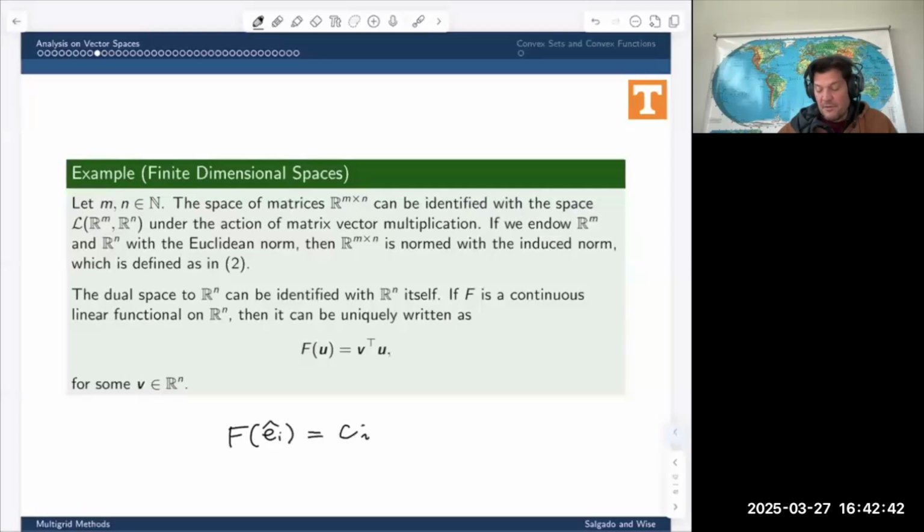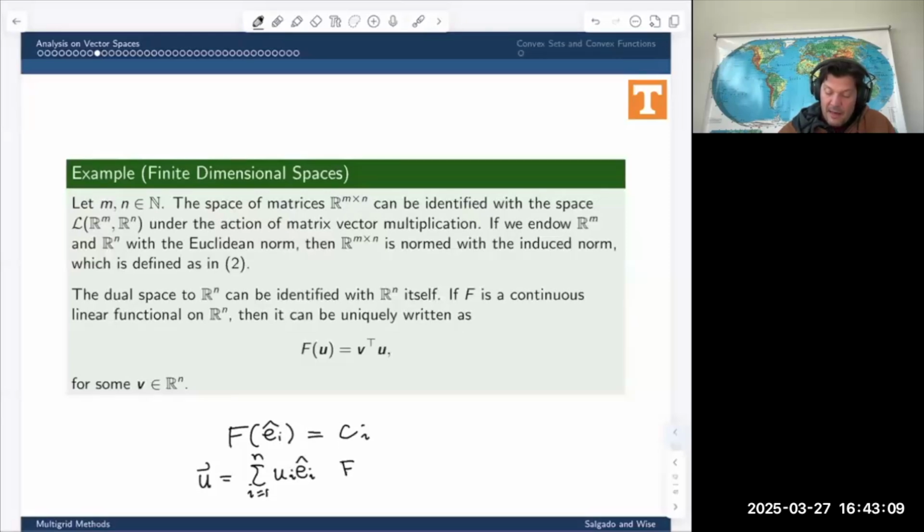Well, it always maps it to ci, right? And so now once I have this information, I can use linearity, right? I can say, well, u is equal to the basis expansion, i equals 1 to n in this case, of ui times ei hat.